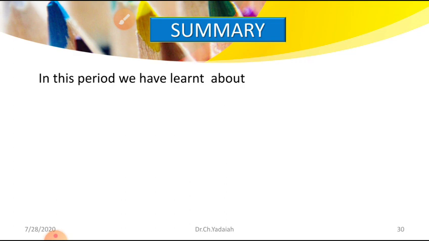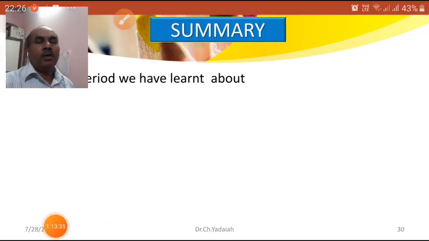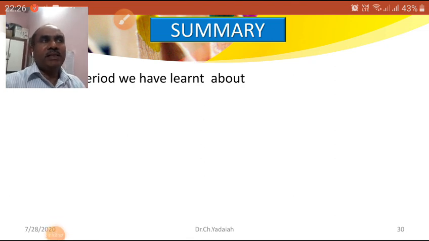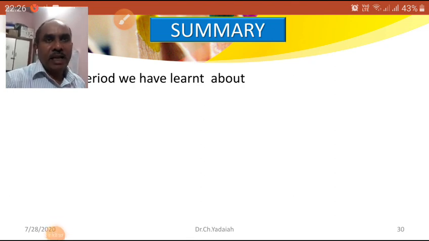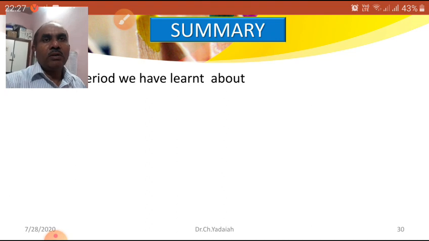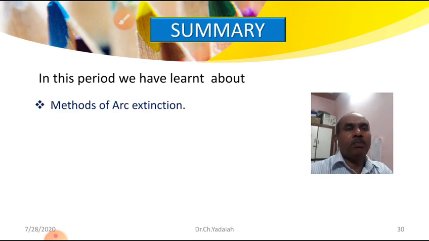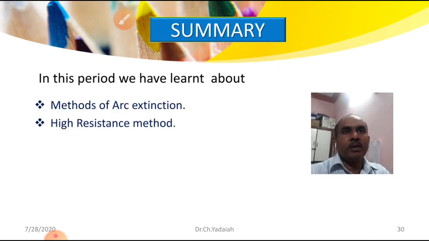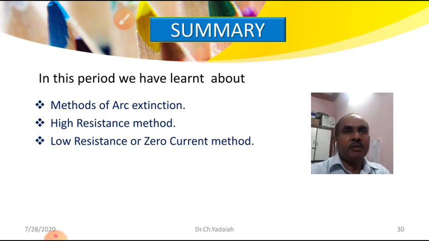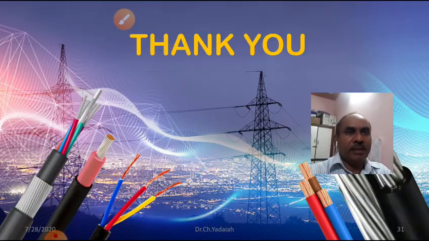Now let us see what we have. Let us summarize what we have seen in this class. After completion of this period, we have learnt the methods of arc extinction: the high resistance method and the low resistance method.